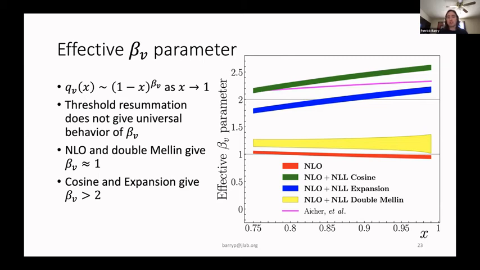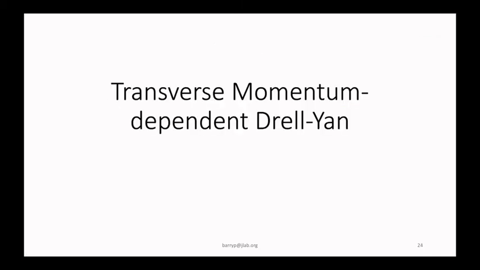So this actually varies. When you use this double Mellin method, you have something that's a little bit closer to the next to leading order, more consistent with a linear fall off. However, when you use the cosine and expansion methods, what you find are their beta parameters are larger than 2. So there's quite a difference. There's a variance in all these threshold resummation calculations.